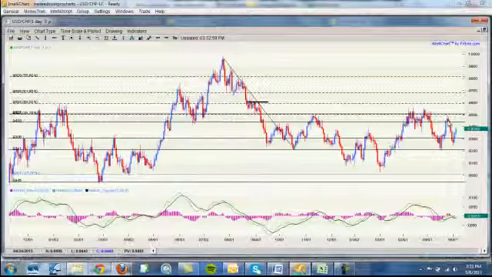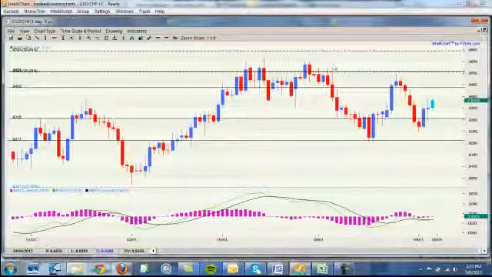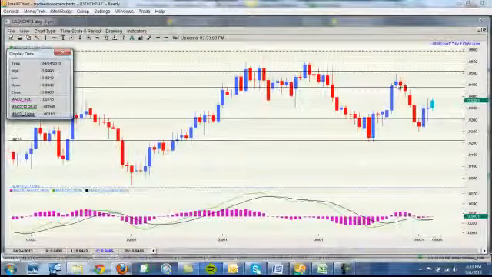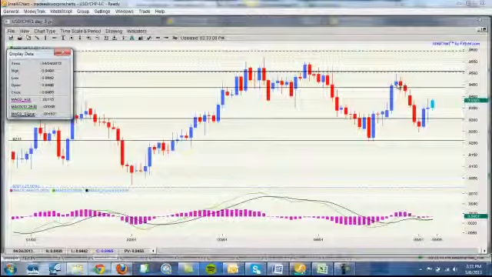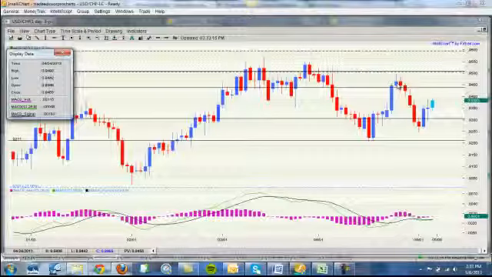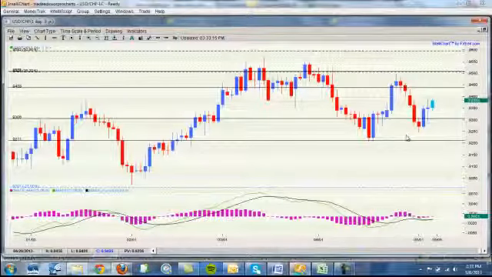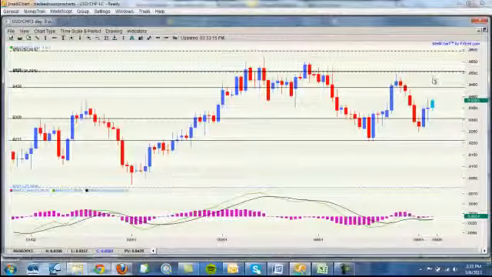In fact, let's see what this high was on this little candle here. Let me zoom this in. This candle went as high as 0.9498. So if you were selling at 0.95, you would have missed that entire trade. I would probably be selling this pair around 0.9480. So now this thing seems to be working its way up.